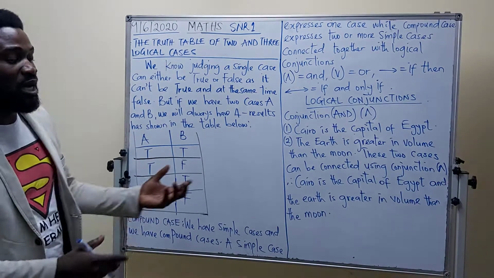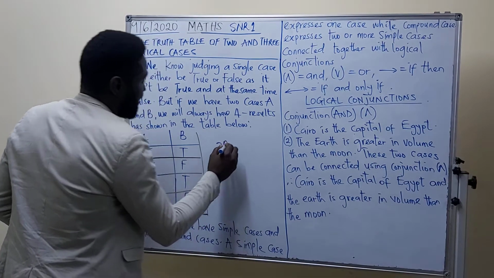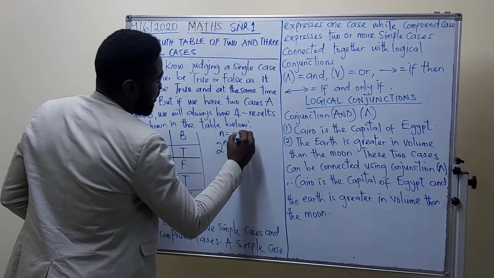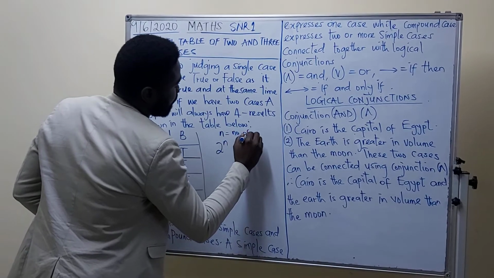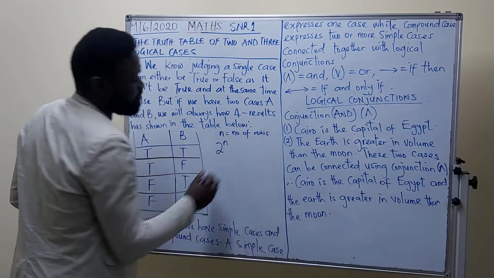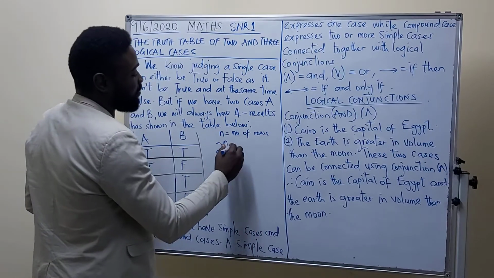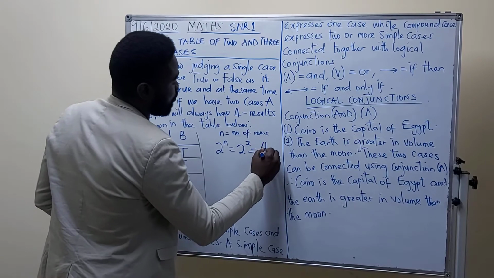When we have 2 cases, the formula is 2 raised to the power n, where n is the number of cases, and the result is the number of rows. So 2 raised to the power 2 equals 4.